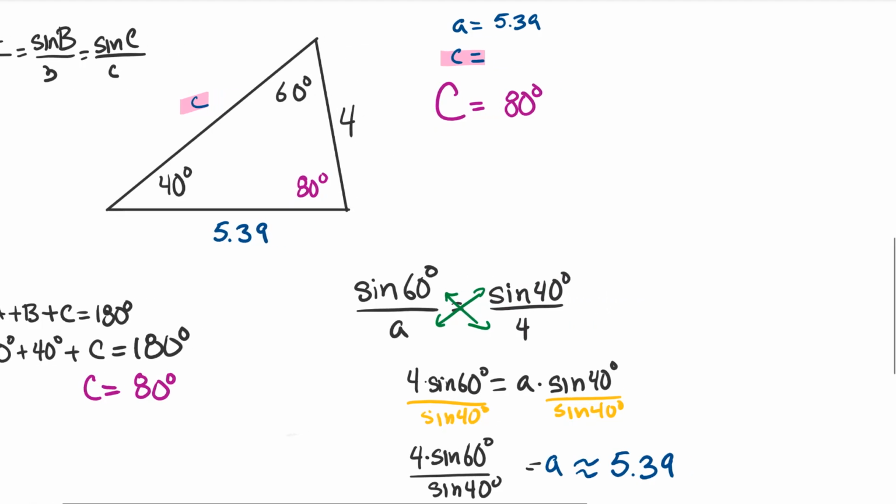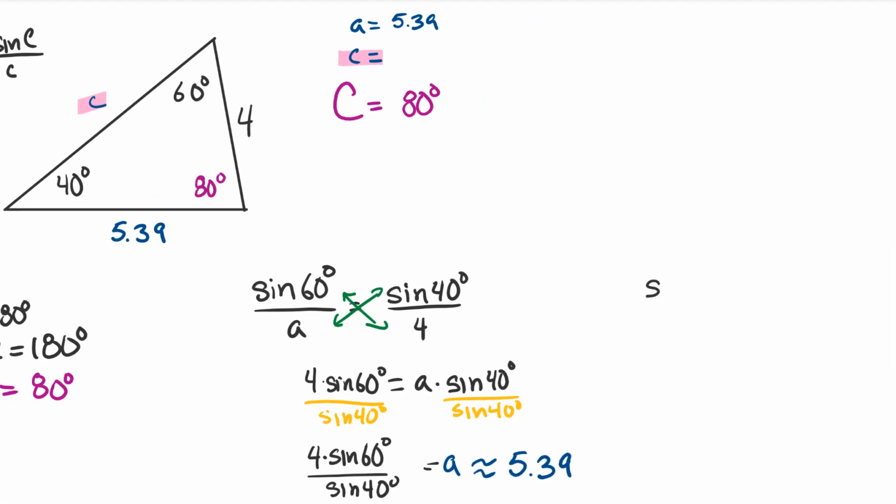So here it is: sine of 40 over 4. That was that given ratio that we used back here. And we'll set it up with the last piece of information we need, which is the sine of that 80 degrees, over that C. And now we're solving for C, because they're opposite each other.